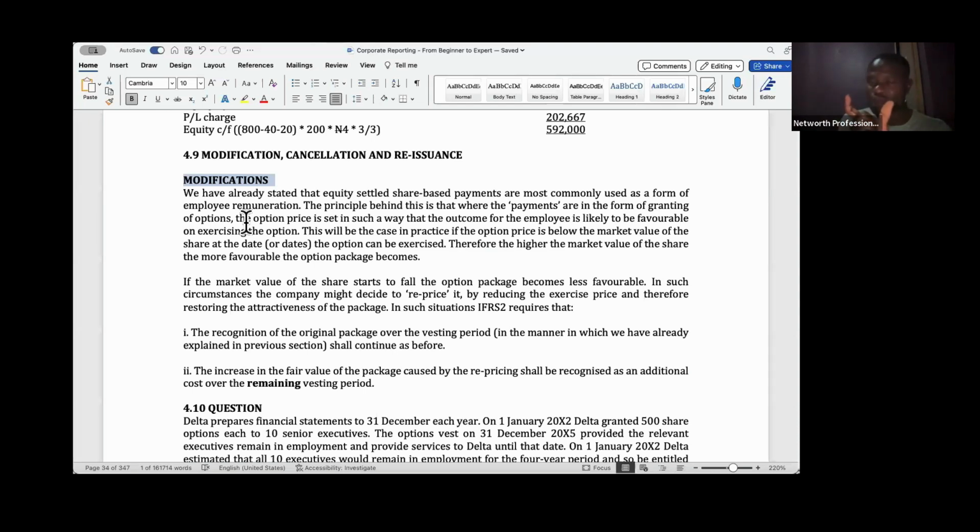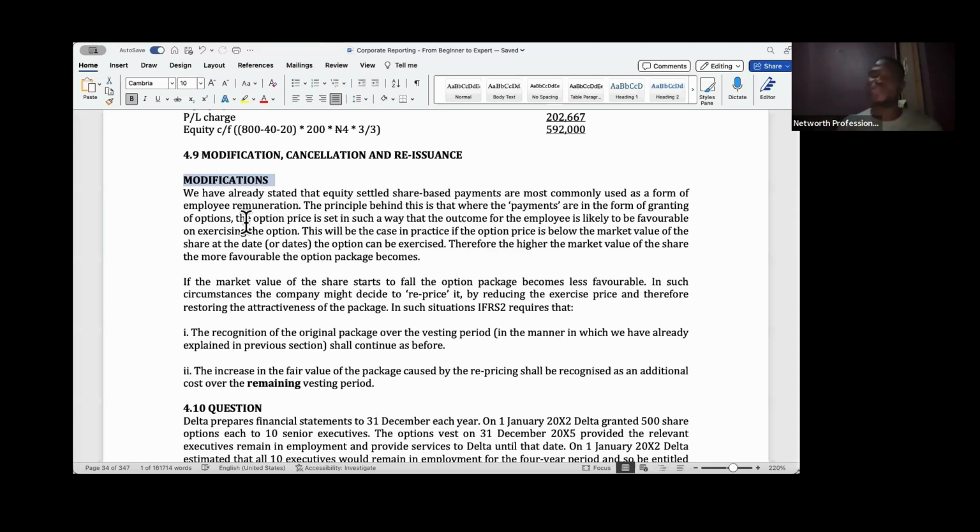So if the margin between the share price and the exercise price at the grant date was 3 naira, for example, if the share price starts falling, they will also reduce the exercise price so that the margin would maintain that 3 naira. So reducing the exercise price is what we mean by repricing, and that is what we mean by making the equity share option package attractive.